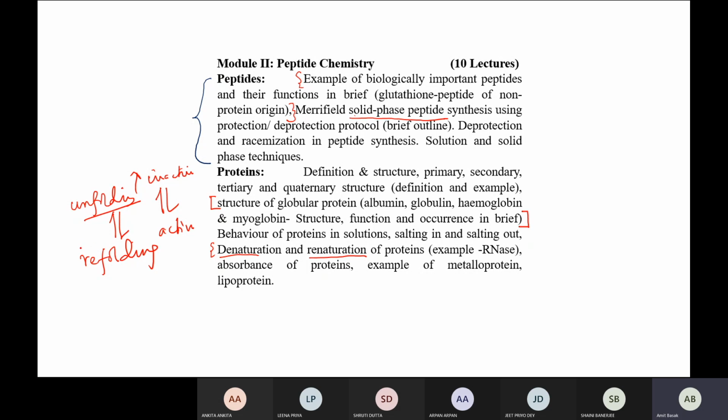But if the refolding is irreversible, if you destroy the folding, it unfolds, and it cannot be brought back to the original native state, then we call this an irreversible denaturation. The classic example I told you is egg white. When you boil an egg, the protein is denatured permanently. Okay. So again, coming back to the course, denaturation, renaturation.